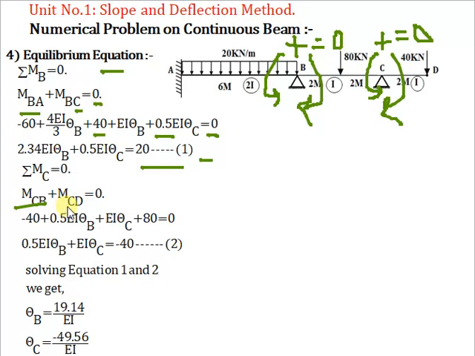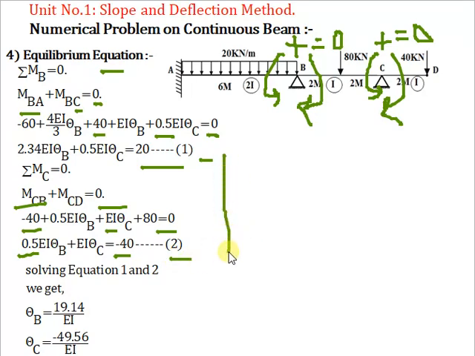MCB plus MCD is equal to 0. Now put the values of MCB and MCD. Minus 40 plus 0.5 EI theta B plus EI theta C plus 80 is equal to 0. By simplifying, we have 0.5 EI theta B plus EI theta C is equal to minus 40. This one is the second equation.